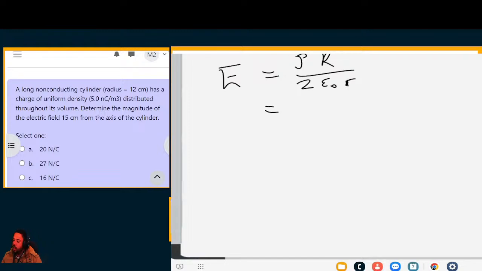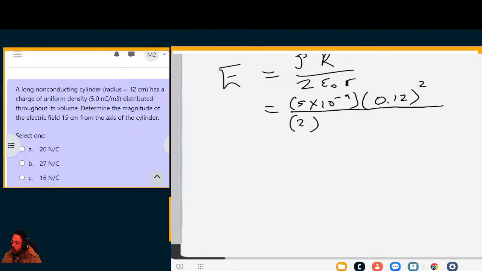Then we just plug everything in. We know that rho, the volume charge density, is 5 times 10 to the negative 9, times the radius, 0.12, over 2 times epsilon naught, 8.854 times 10 to the negative 12, times the distance away that we want, which is 0.15.